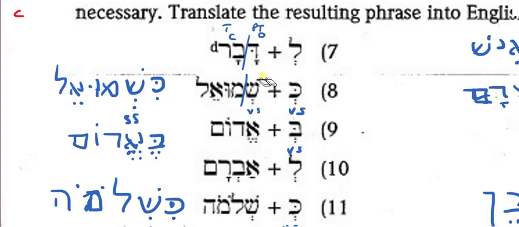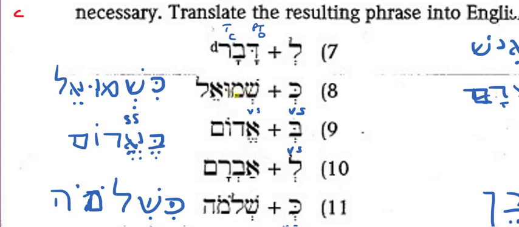So we cannot divide our vocal shava there, okay? So we're going to wait till we get to the next consonant and vowel, and then if it's closed, another consonant. If it's not, then it'll just be a syllable that ends with a vowel.